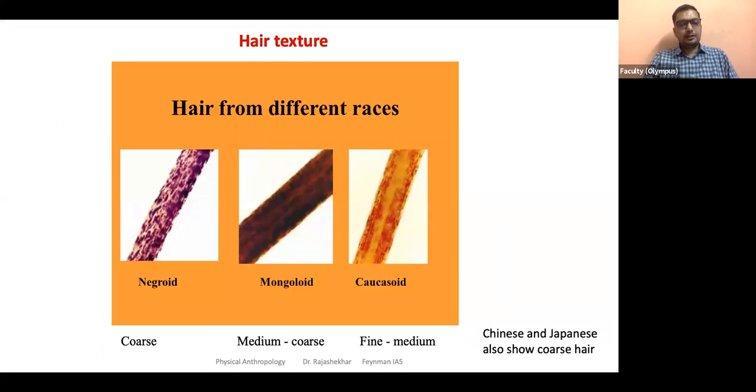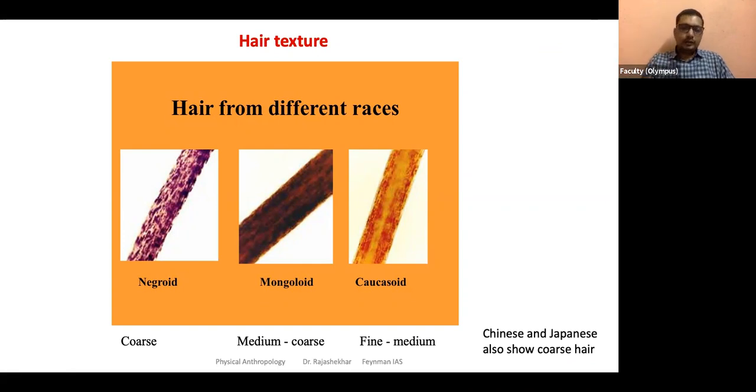Second, hair texture. We're talking about the texture of the hair. If you touch the hair, it may feel coarse, or medium coarse, or very fine.